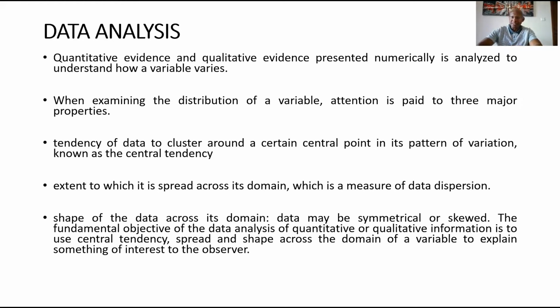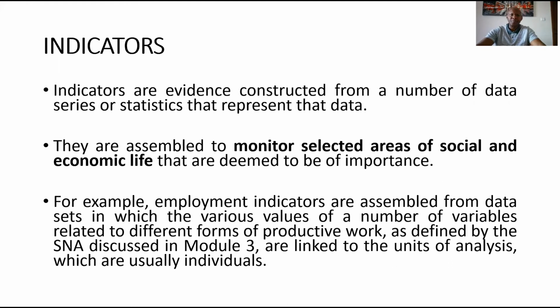Data may be symmetrical, it may be skewed, and the fundamental objective of the data analysis of quantitative and qualitative information is usually to use the central tendency, the spread, and the shape across the domain of a variable, so that it can explain something that is of interest to the observer or the researcher in this case.